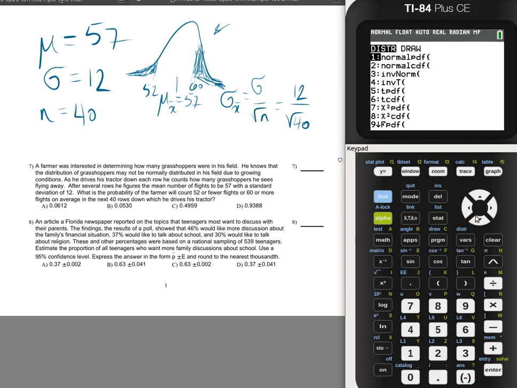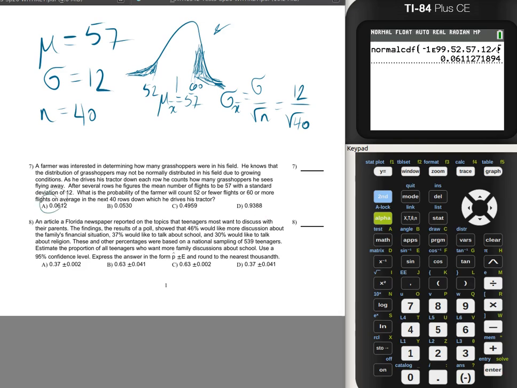So I'll go normal CDF again, from 60 up to the pseudo infinity on this side, with the same mean and standard deviation. We go equals, and we get 0.06 with some stuff. 0.06 is answer choice A, of course.